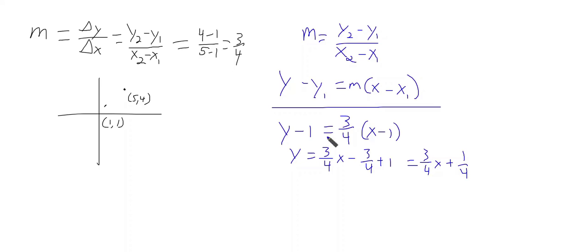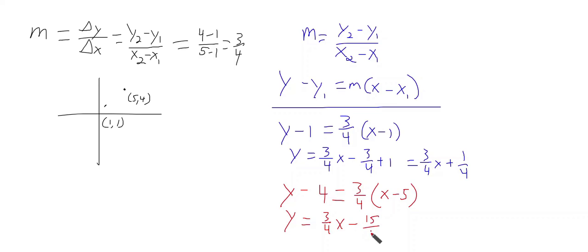Okay, so let's see what happens if I plugged in the other point, just to prove that this works. If I plug in the other point, we have y minus 4 equals 3/4 times (x minus 5). So let's distribute this and move that over. So y equals 3/4 x, distribute this, so minus 15 over 4.